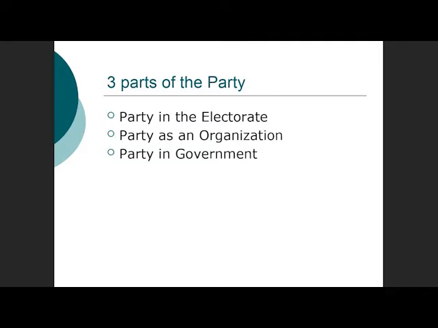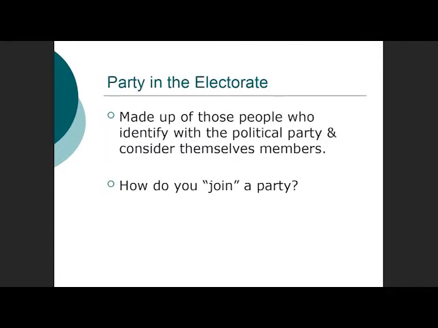We're going to talk about three ways of looking at the political party, parts of it, and organizing it. The party in the electorate, the party in the organization, the party in government. This first one, the party in the electorate, is really interesting in a sense because in a state, especially like Texas, where you don't actually do anything to join a political party, the party in the electorate is simply a reference to what you believe you are, right?